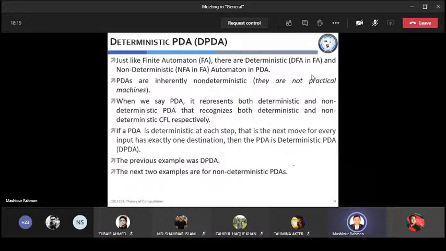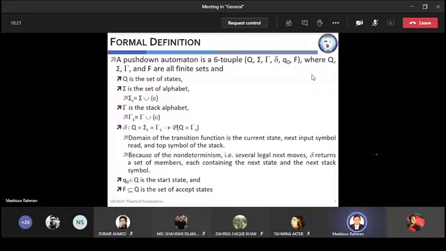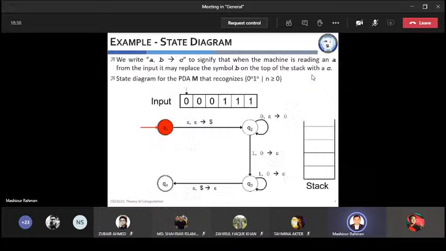Let me go back and show you the formal definition for the PDA, just to remind you that we have epsilon as the input alphabet, epsilon as the stack symbol, and in the state diagram we have the epsilons, which means that by definition PDAs or pushdown automata are non-deterministic.